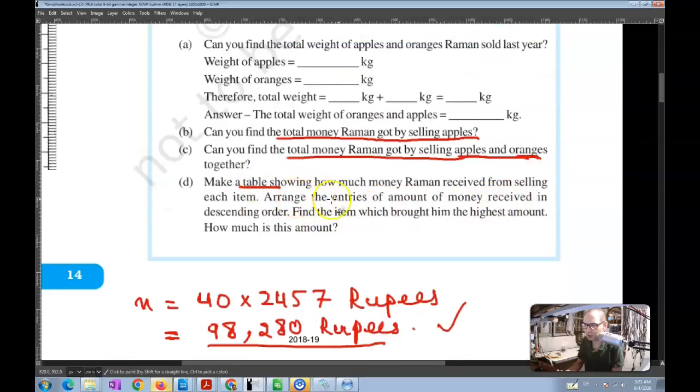And then you can arrange the entries of amount of money in descending order, meaning starting from the largest amount of money to the least amount of money, and then of course you can also find the item that brought him the highest amount of money, and then specify that amount as well. Okay, so these are all the things that now I expect you to be able to do. And if there are any problems anywhere, please ask. I will try to answer the question.